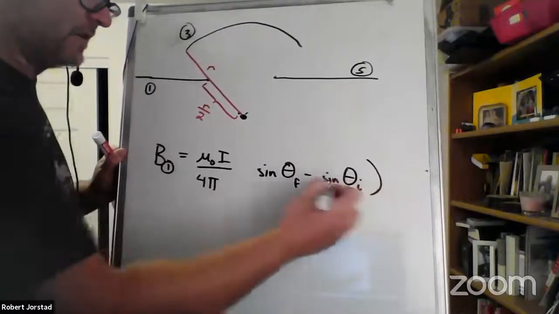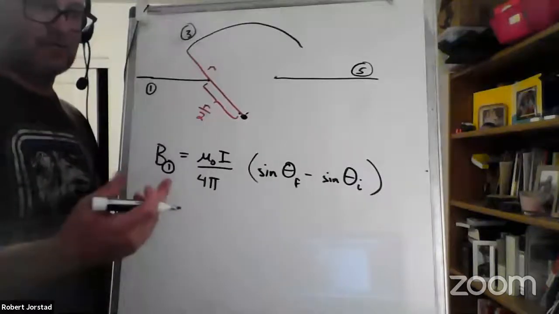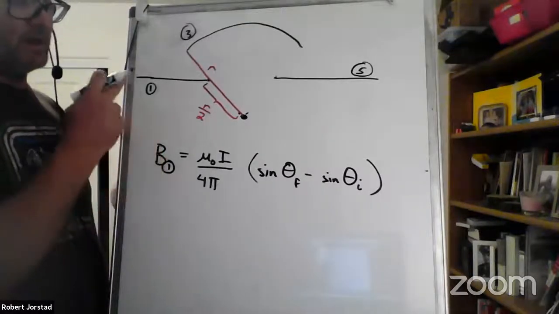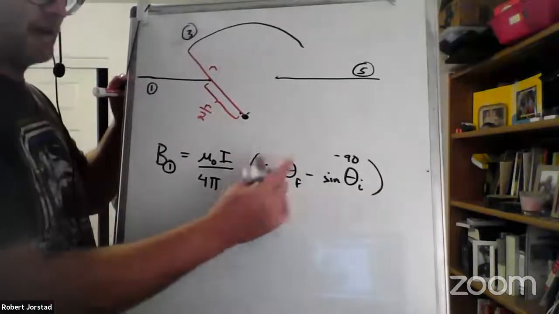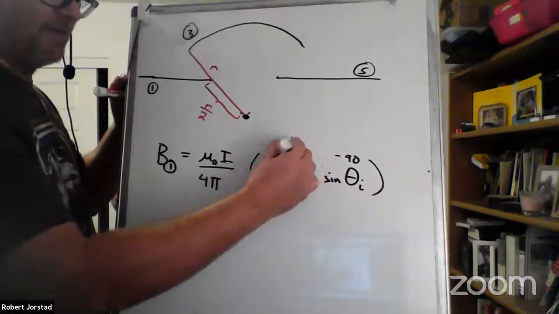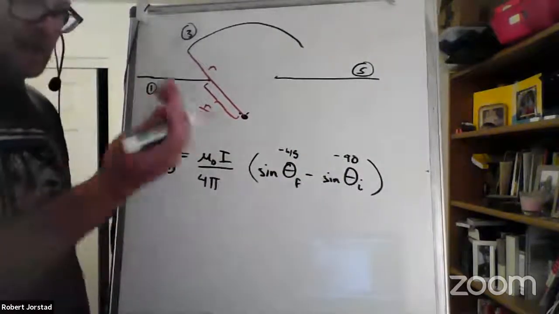I don't know if you could tell, but one of these is going to be 45 and one of them is going to be 90. So the initial would be negative 90, and the final would be negative 45. They have the same sign because they're on the same side. Or you could just stick an absolute value on it.